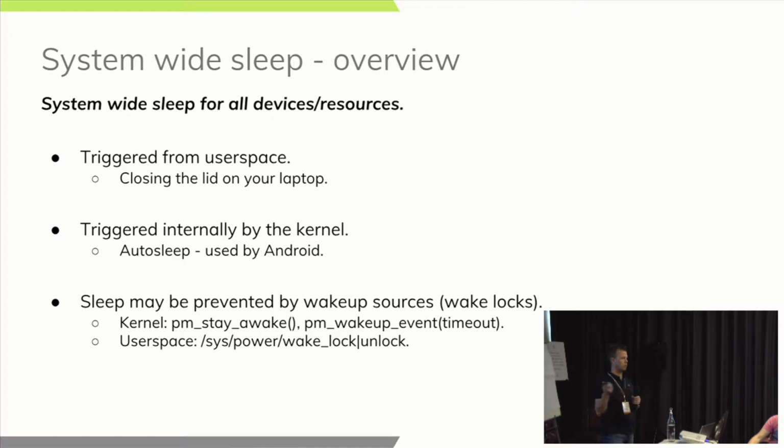Like when you start going to an idle state, you will have to freeze some tasks, freeze kernel threads, and make sure userspace is no more running, and so forth. That's the common part. And then we have all the platform specific things and devices, and that's taken care of by what we call PM core. I'm going to talk a little bit about the details of that in a while.